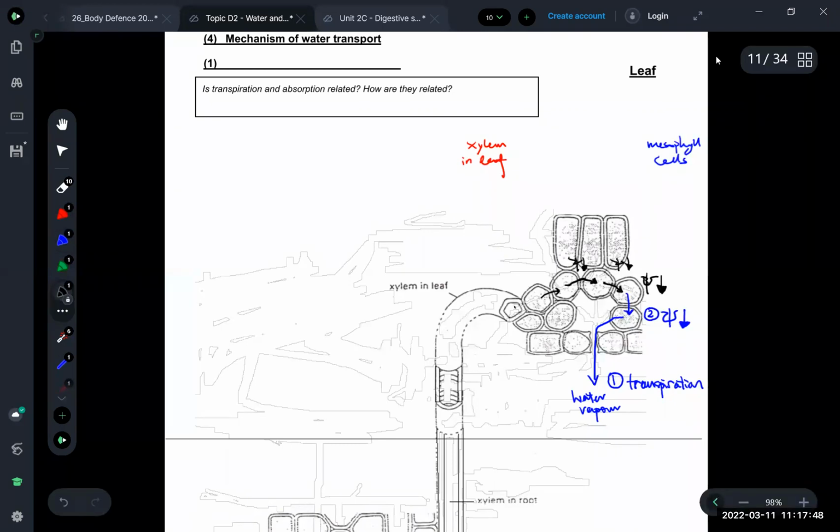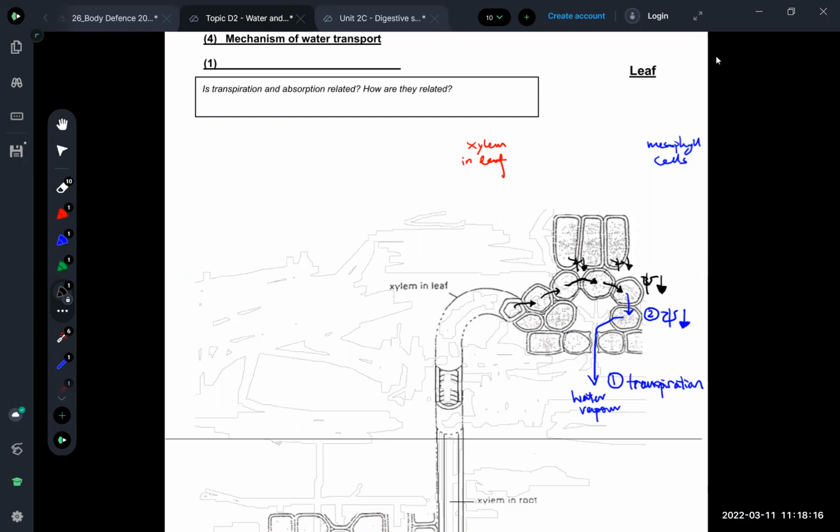So eventually, the cell will draw water from xylem. Because xylem is full of water, right? A continuous water column there with no cytoplasm at all. So that water would be having the highest water potential.